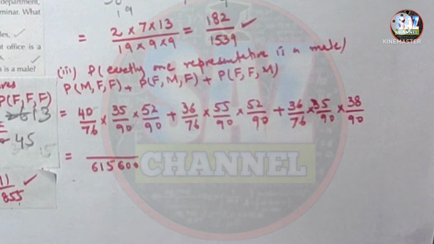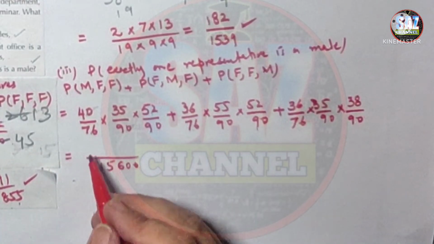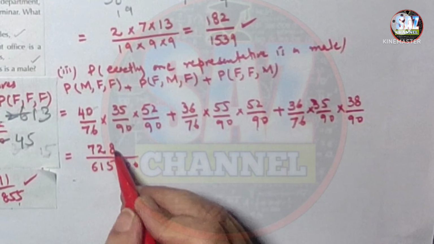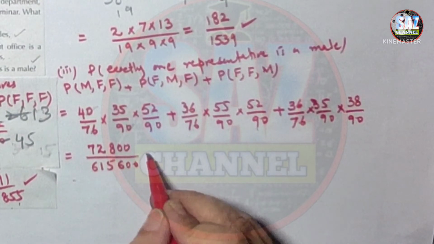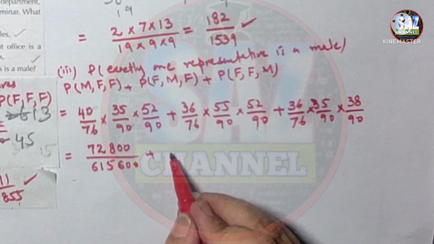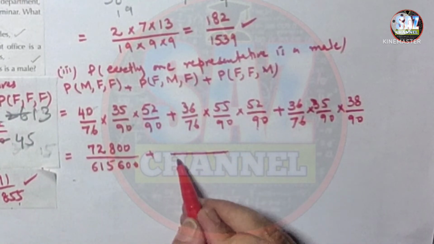Now 40 multiplied by 35 multiplied by 52 is 72,800. Plus, as we look at all of the denominators, they are the same, so I'm not struggling with the denominator.